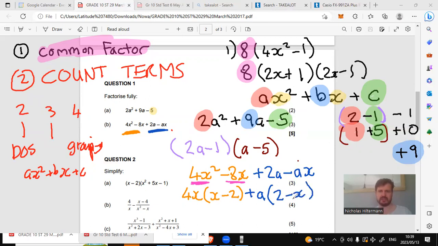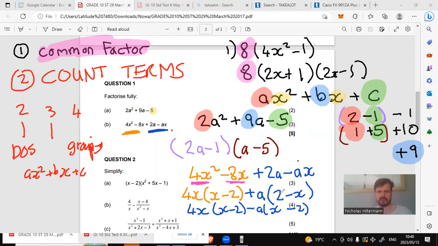Of course, x minus 2 and 2 minus x are not the same thing, but whenever I have something that's reversed, right? So if I have an x minus 2 and they're reversed, all I need to do is change the sign in front of the a. Okay, so I change this to a minus. So it ends up here with 4x, x minus 2, minus a, and then I can change that to x minus 2.